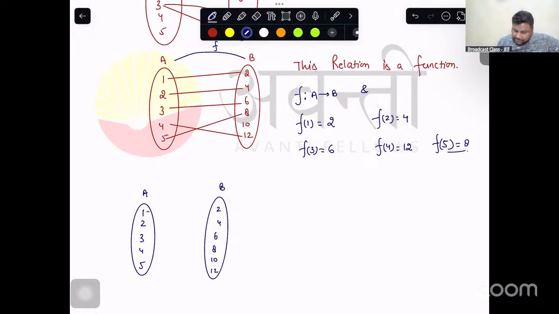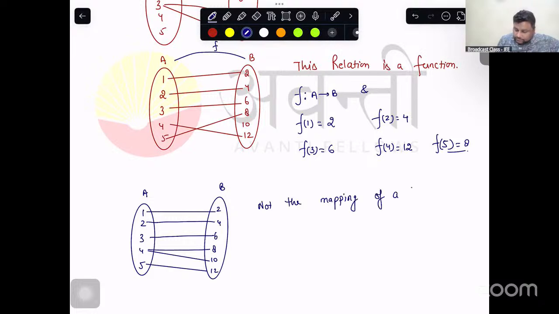If you make a mapping like this, it is not the mapping of a function.